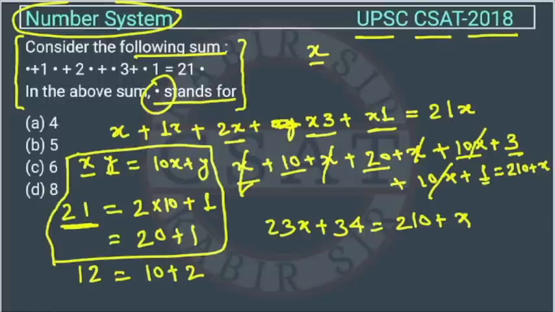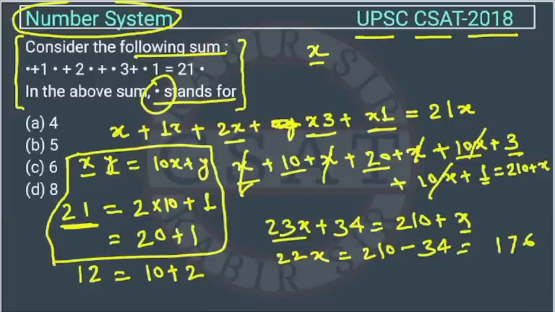So this will be 22x, this x will come to this side and we will deduct it from this, and 210 minus 34 will be 176, right. So the value of x will be x equals 176 upon 22, right.